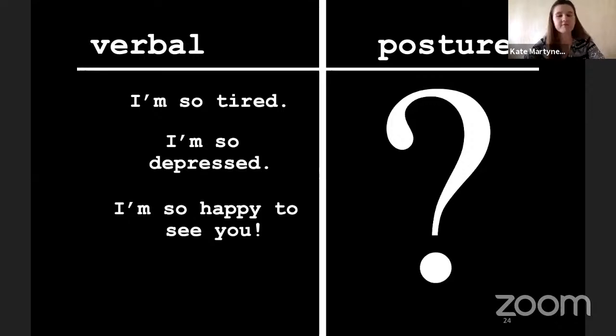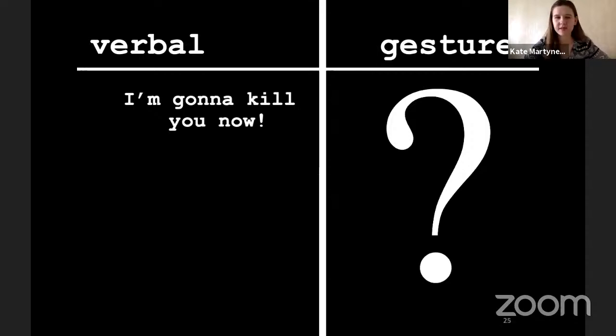That's right. Okay. Let me think. So when we say let me think, what posture is it? Gestures. I'm gonna kill you now. We are disappointed and feeling dismay. Okay, I agree with you. Good point.